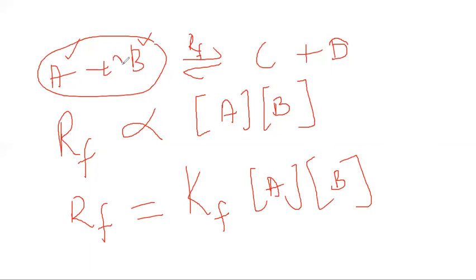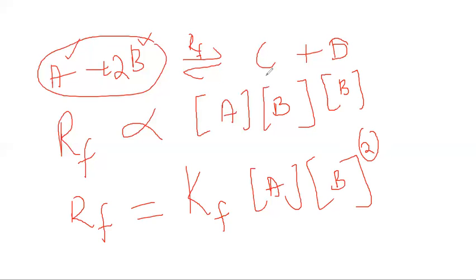For example, if there are 2 moles of B, which shows that there are 2 B, not 1, then you have to write the square bracket squared, because there are 2 moles of B. This is called the product of the active masses. Clear? So the rate of forward reaction is equal to the equilibrium constant of the forward reaction times the concentration of the reacting species, because the reaction is forward.